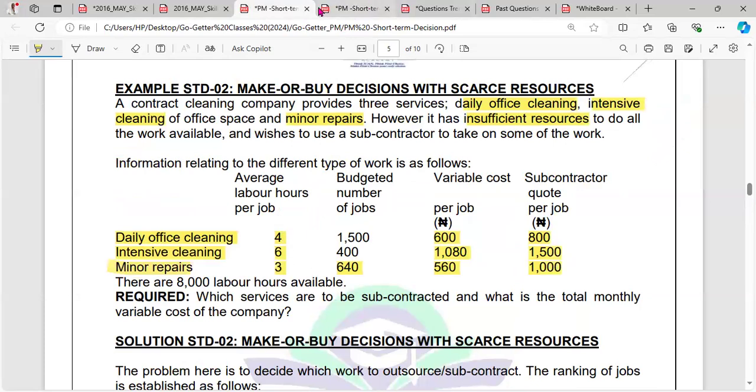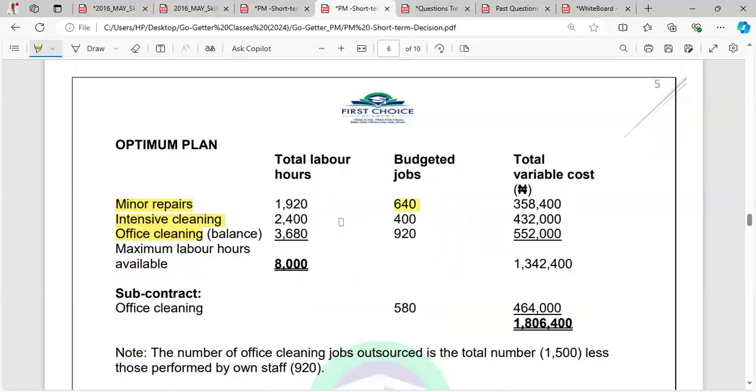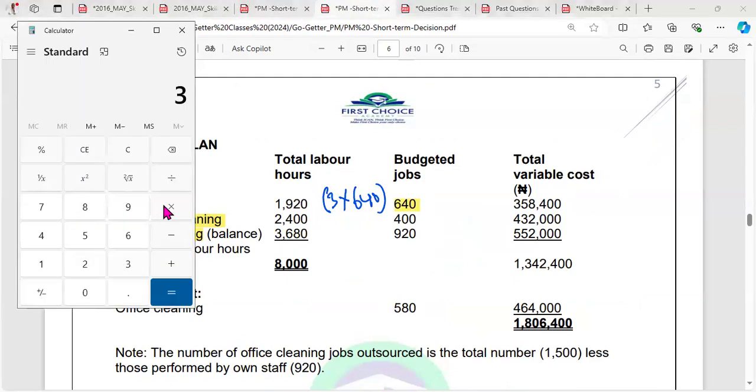So what you are going to do now is, let me write on this now. So this is simply 3 hours times 640. So what do we have? 3 times 640, that gives me this 1,920 hours.